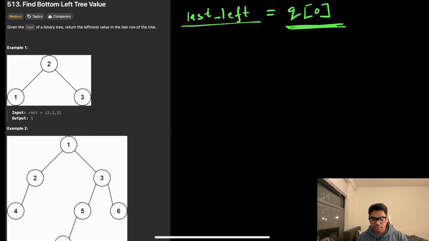And when we are visiting all the children of all the nodes inside my small queue, we will append those children to be processed in the next level in my main queue.